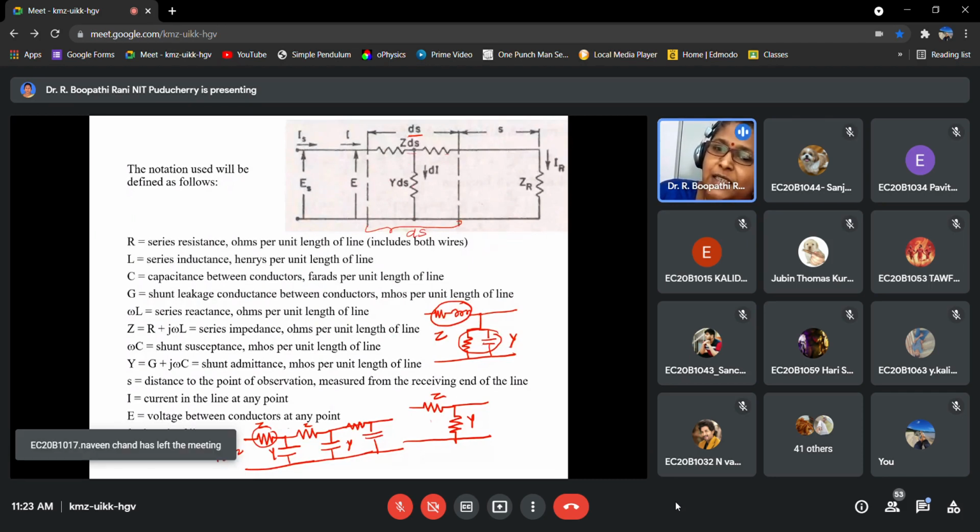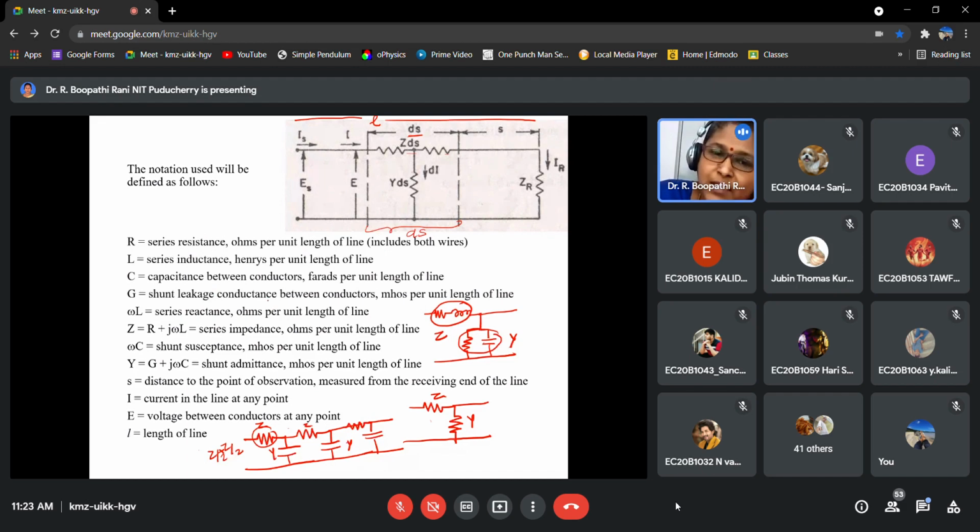This section is S distance from the load, and the distance between the source and the load we consider as L. That is the length of the transmission line.